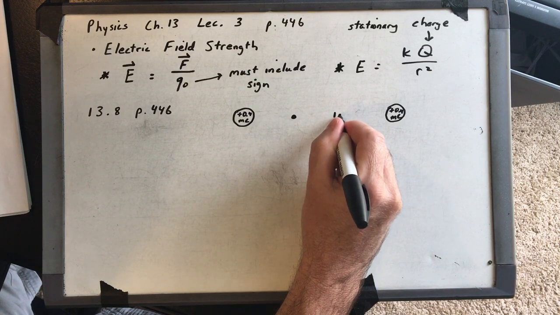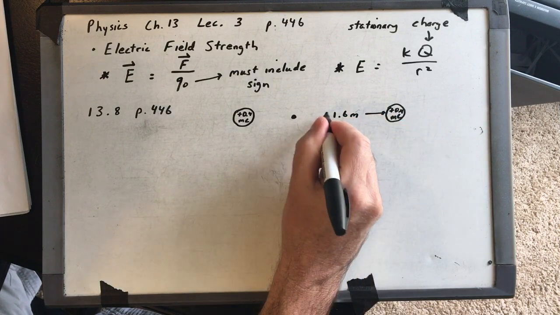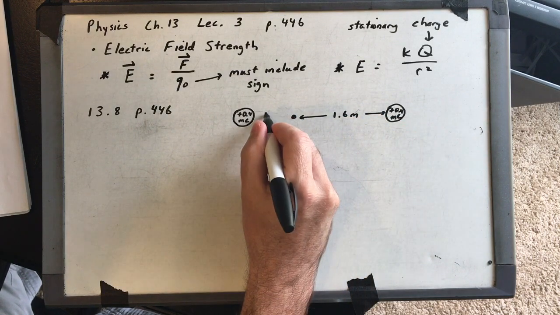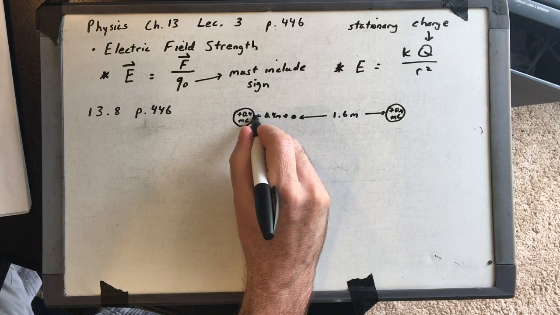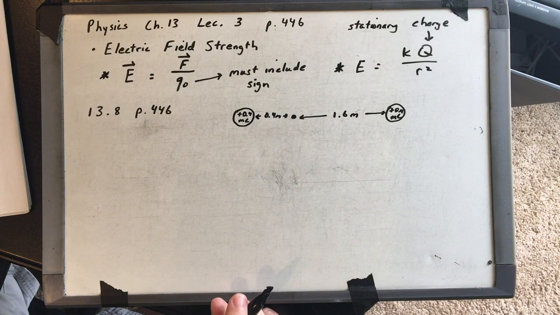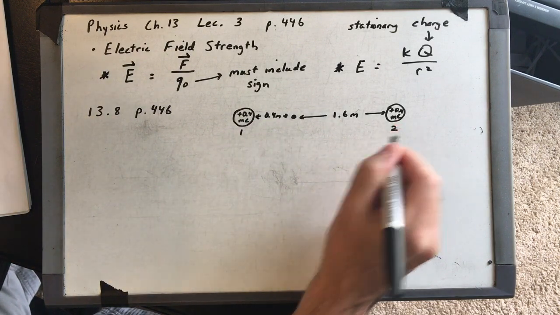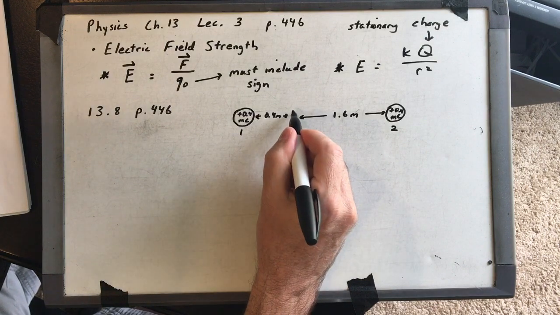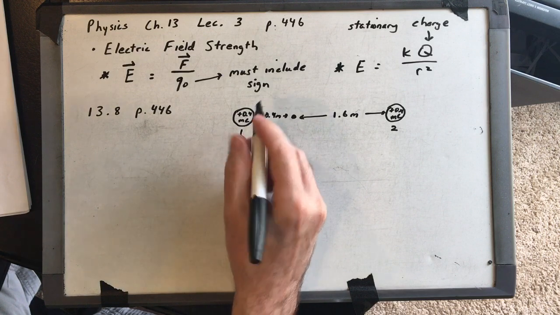The distance from that dot would be 1.6 meters on this side and 0.4 meters on this side. We'll call this charge 1, and we'll call this charge 2. So what's the electric field at that point? Okay, and one thing, they're both positive.